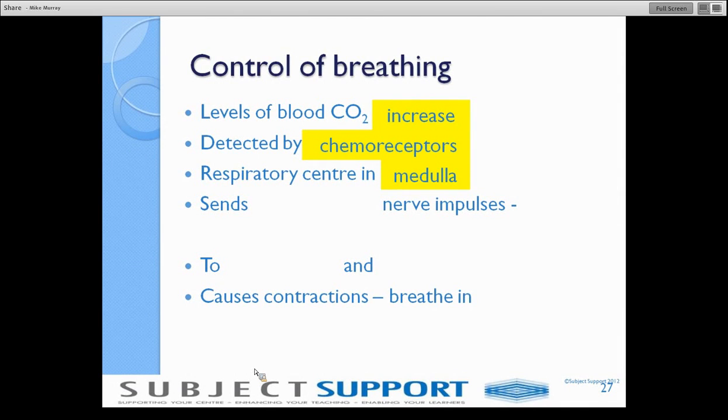So we could make these questions harder by saying breathing rate is controlled by the levels of carbon dioxide that are detected by the chemoreceptors. Then what happens? Those first two bullet points are disappearing from mark schemes, and I think that may have been the question we asked in the summer. So what you need to know is the more detailed stuff at the bottom.